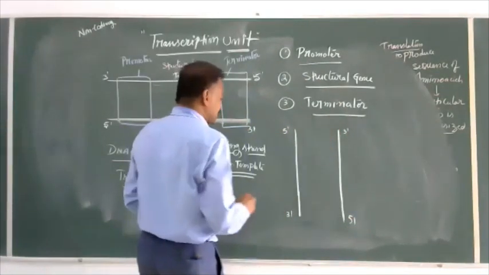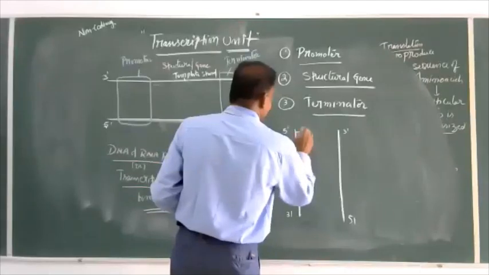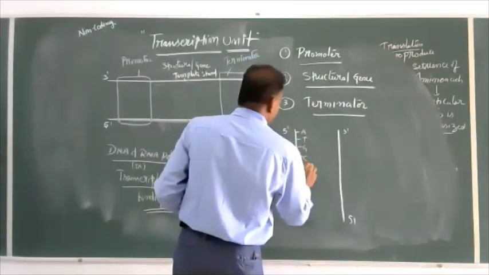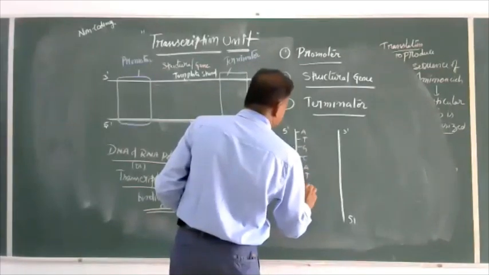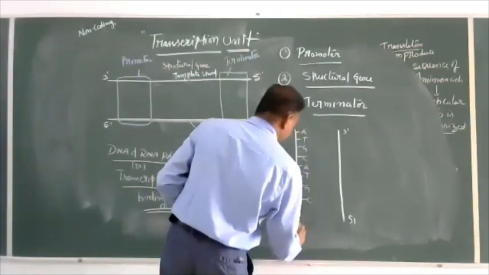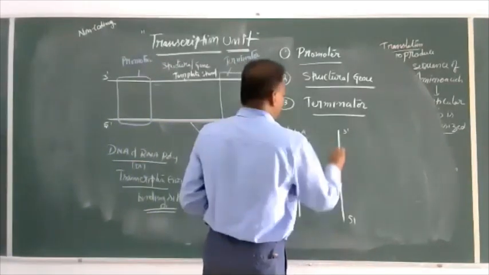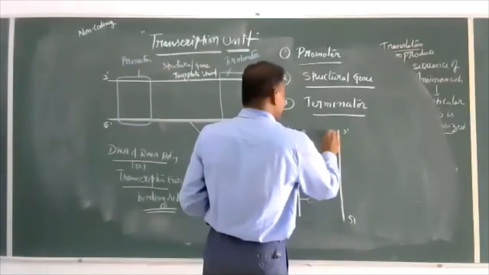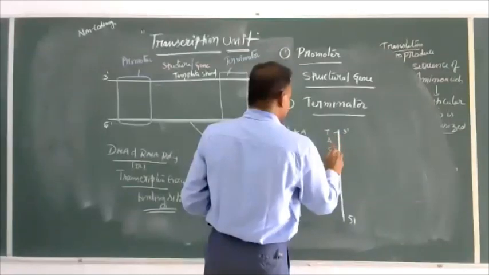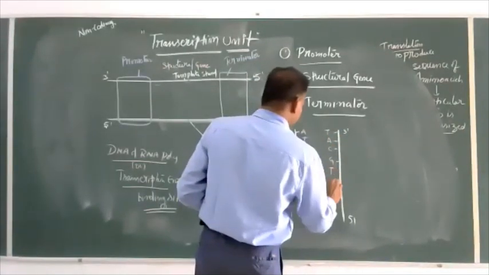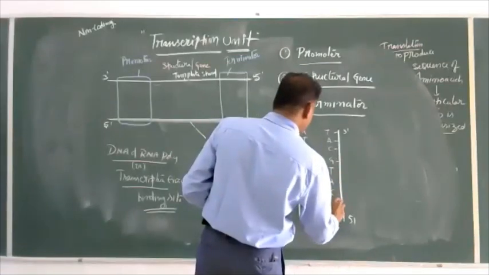The sequences here, for example, ATGC, ATGC, for example. Here, opposite. What are these? TACG, TACG.